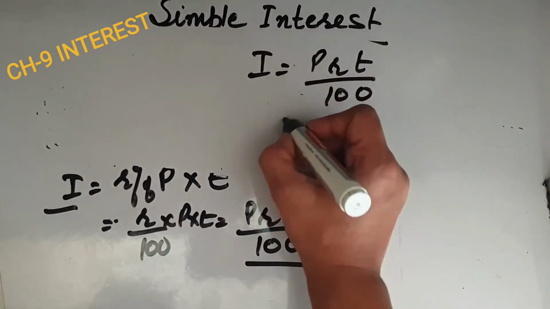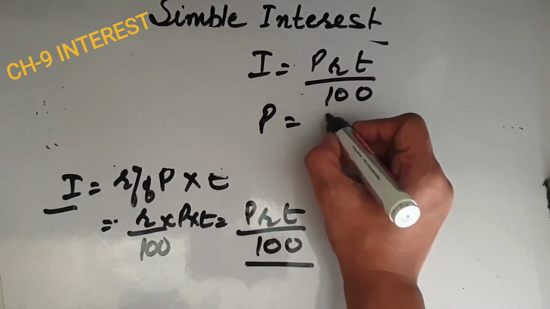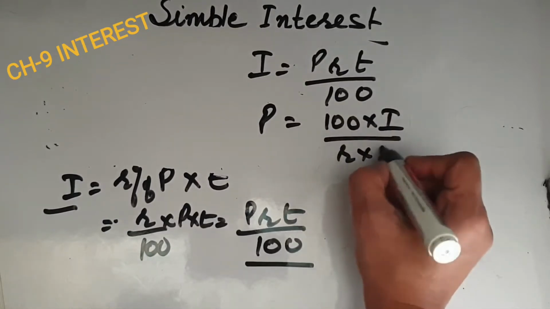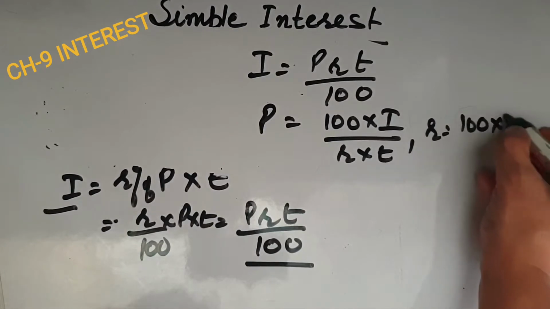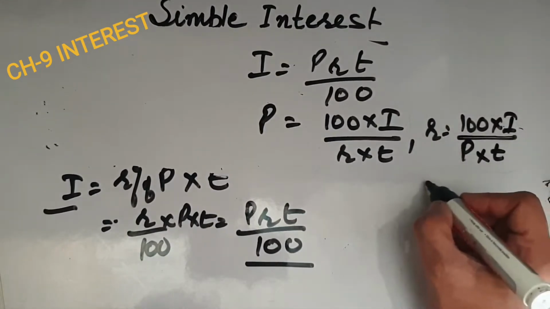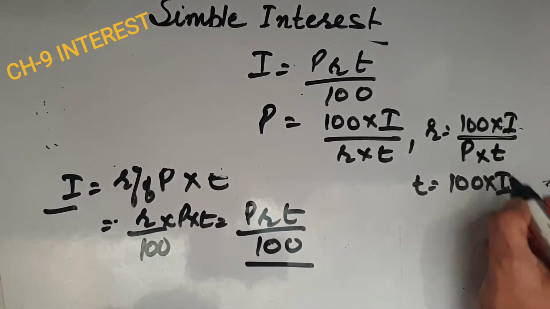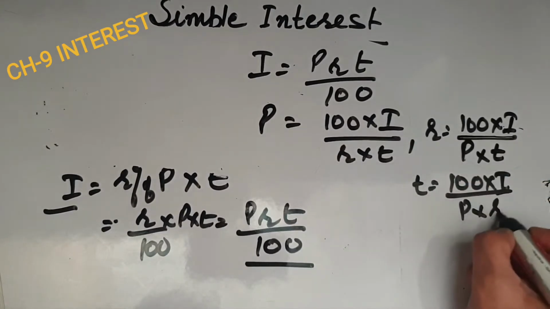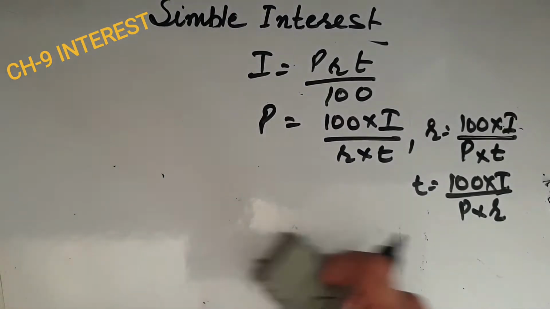We will use this formula in various forms to find P. P is 100 into I upon R into T. Likewise, R is equal to 100 into I upon P into T, or T. Whichever is to be found will be missing in the denominator. So these are the formulas we are going to use in the various questions.